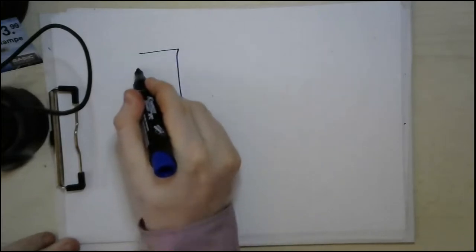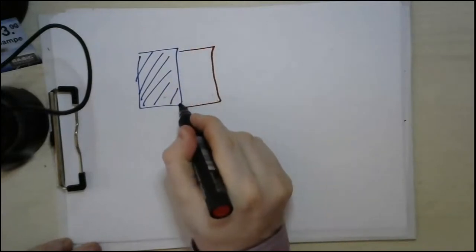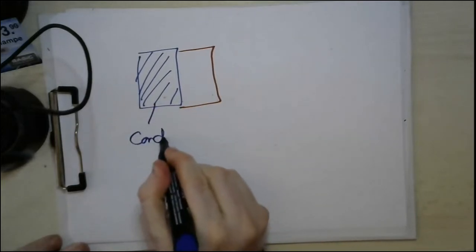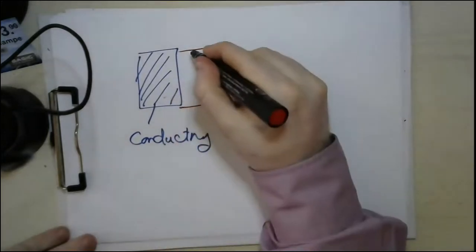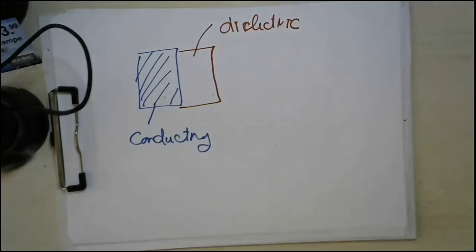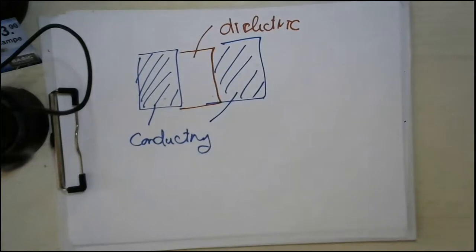If you remember the last slide in the p-n junction lecture, we said that simply, whenever we have a conducting medium, and the definition of a conducting medium is a medium that has free carriers, it may be electrons or holes, and then we have any sort of dielectric material, so this is a conducting medium, and this is a dielectric or insulator, and then we have another conducting medium.